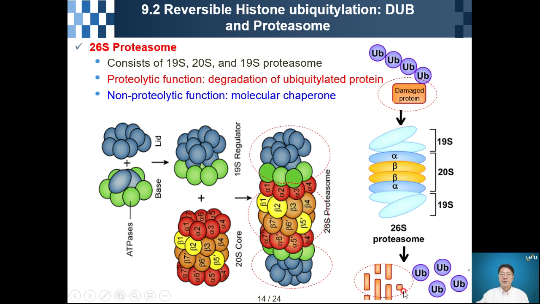This is their main function, the proteolytic function. They also have another function, a non-proteolytic function: they function as molecular chaperones. We will see each molecular chaperone function in the next slide.